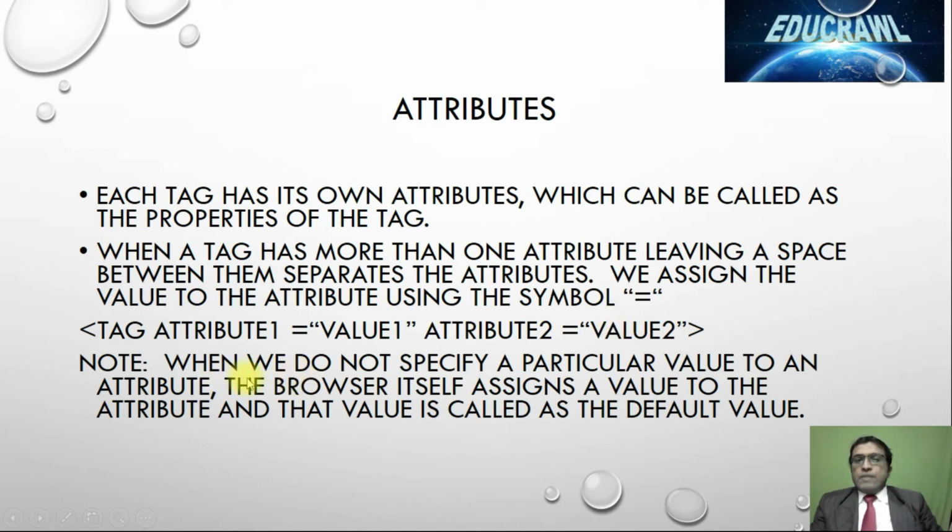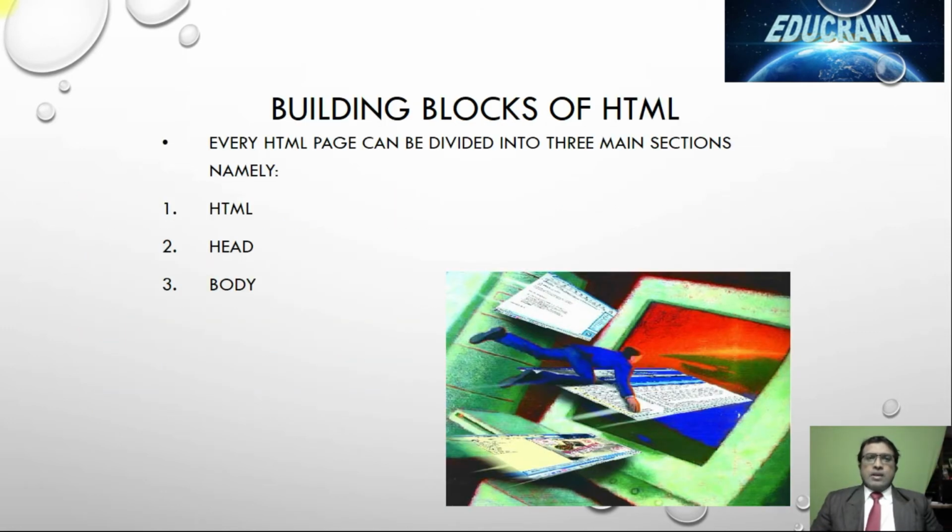Note, when we do not specify a particular value for an attribute, the browser itself assigns a value to the attribute, and that value is called the default value. Suppose you are not assigning any value to that attribute, the browser itself will assign a value that is called a default value.